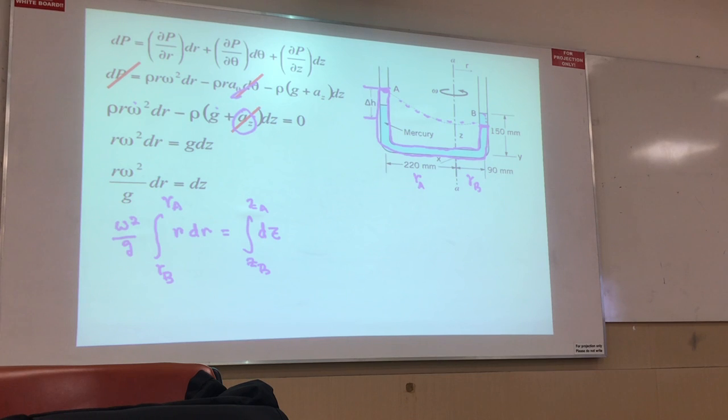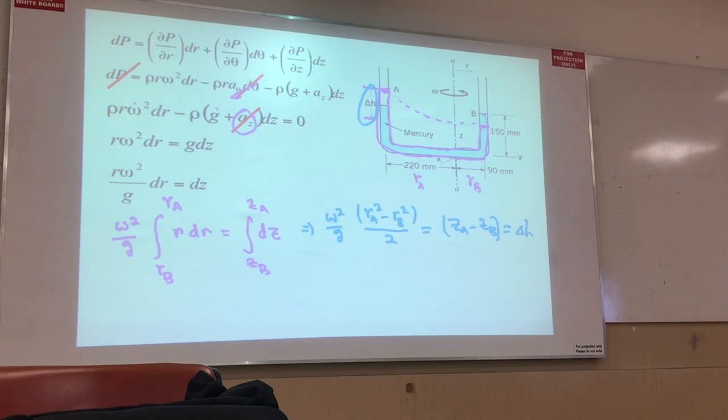After integration, I can write omega square over g, and R square by 2, so RA square minus RB square by 2, is equivalent to ZA minus ZB. ZA minus ZB is equivalent to this distance, delta H, which is 75 mm.